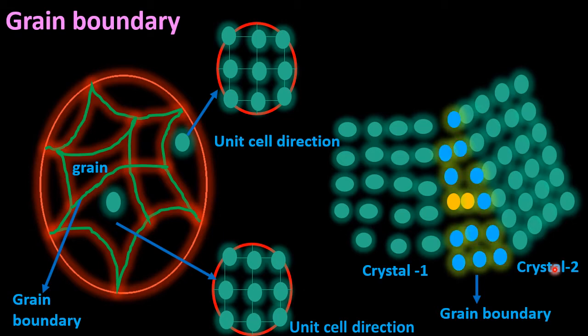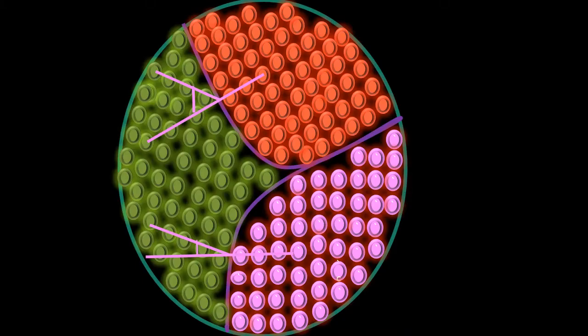Here you can see the atomic mismatch in orientation. Both these grains have different orientations. These are the adjacent grains, because you can see there are various degrees of crystallographic misalignment between them.